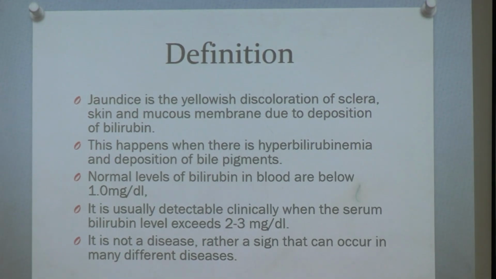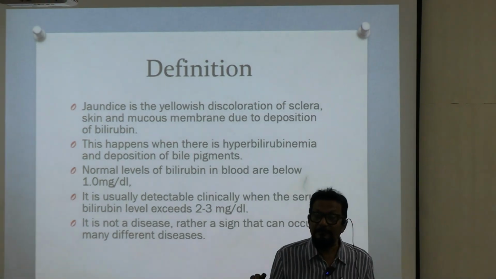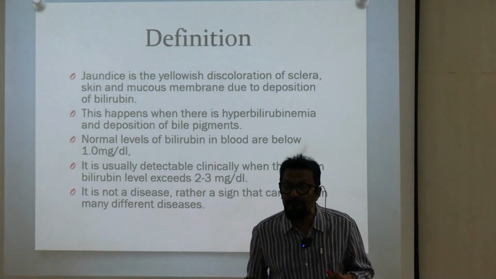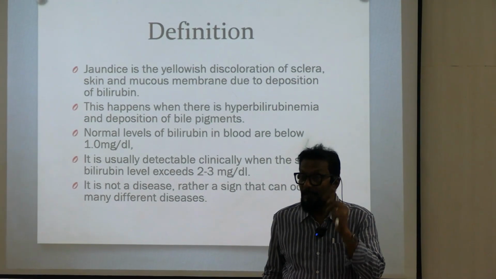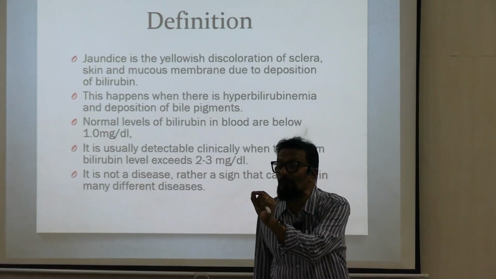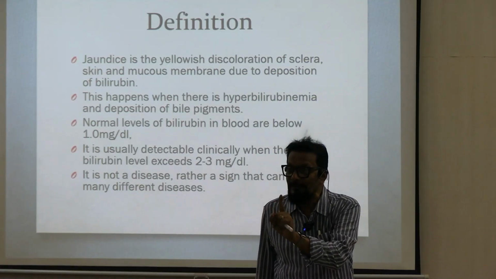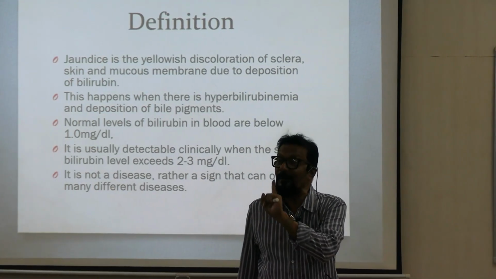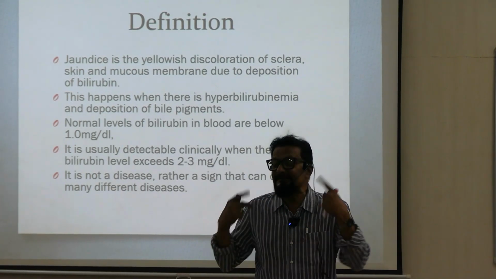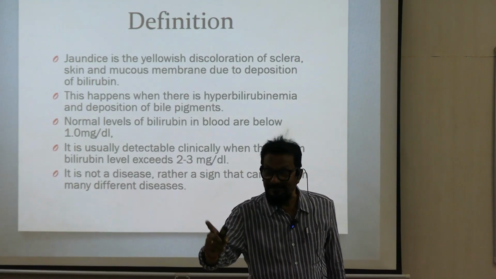Now, normally every day we are producing 0.3 to 1 milligram of bilirubin per dl. What is the normal? It is 0.3 to 1 milligram per dl.